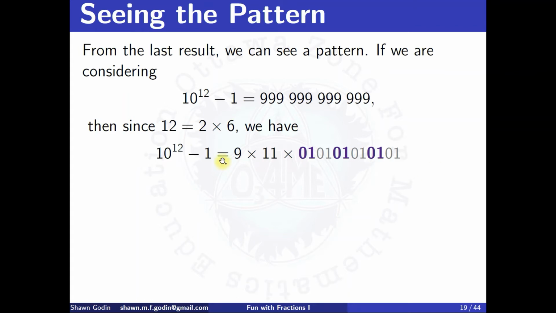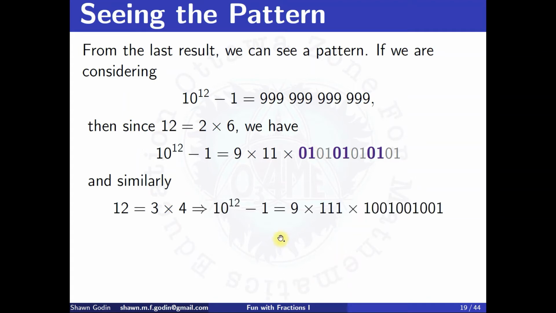So 10 to the 12 minus 1 is the rep-unit number made up of 2 ones multiplied by something that's a bunch of blocks that are size 2. And how many blocks? 1, 2, 3, 4, 5, 6. 2 times 6 is 12. If we go a little further, 12 is 3 times 4.